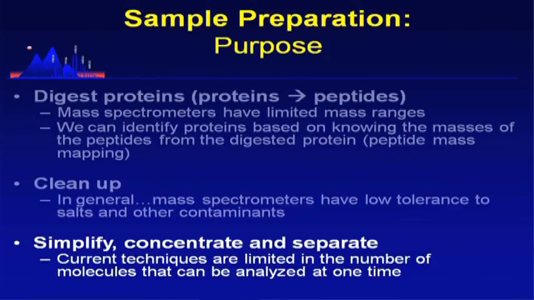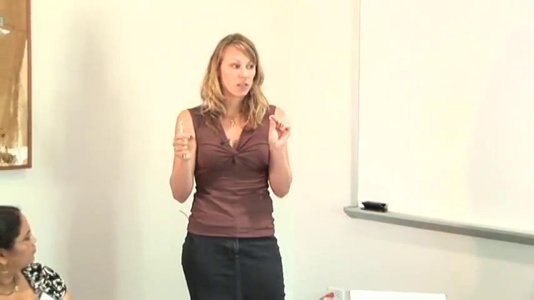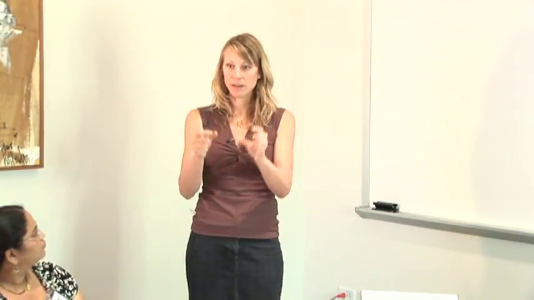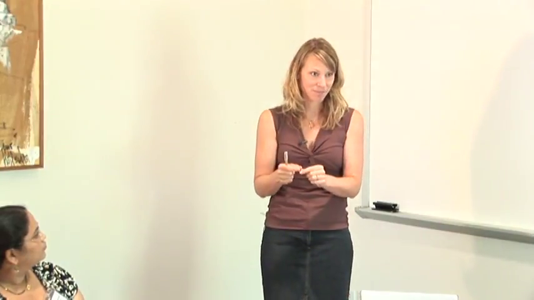And then the other key step in your sample preparation workflow, again, is to simplify your mixture. The main reason for this is that as great as mass spectrometers are, they can still only measure a finite number of molecules in a given amount of time. So for example, let's say your mass spectrometer is only capable of analyzing 10 molecules at a time.